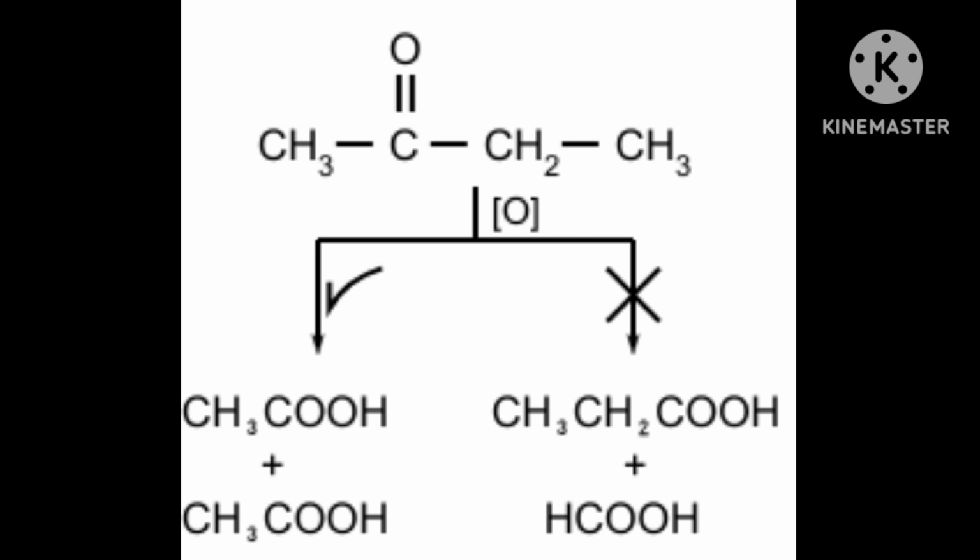Then what will happen? When the bond breaks, one CH2 is there, and because the oxidizing agent is there, that will supply oxygen, then the H2 of that CH2 will convert to water.